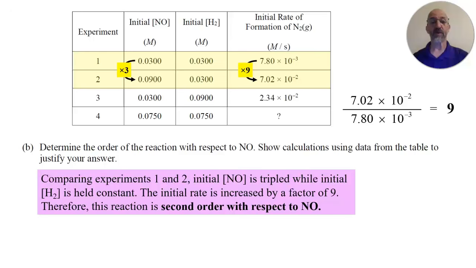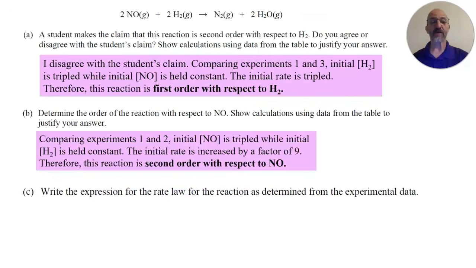So now that we know that this reaction is first order with respect to hydrogen, and second order with respect to nitrogen monoxide, we can go ahead and write the rate law for this reaction. In part C, it says, write the expression for the rate law for the reaction as determined from the experimental data.